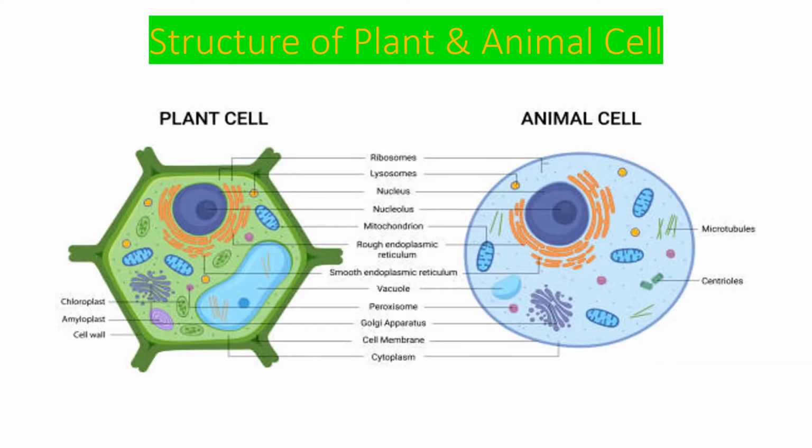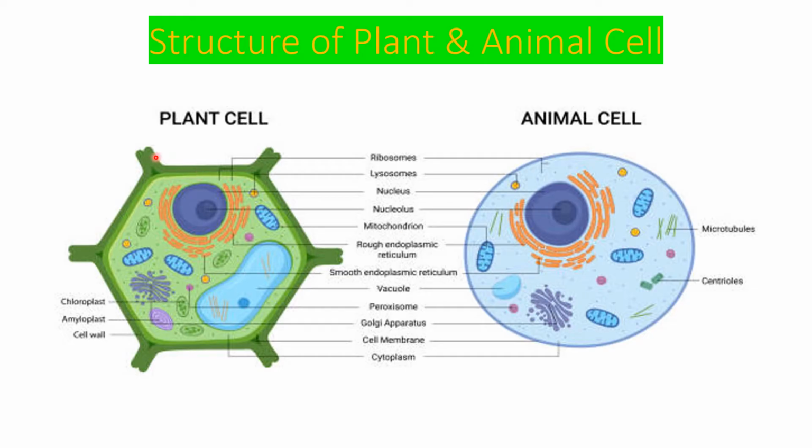This is the structure of a typical plant and animal cell. You can see that most of the organelles are similar and occur in both plant and animal cells, although there are some basic anatomical differences. For example, the vacuoles are much larger in plant cells compared to the animal cells.